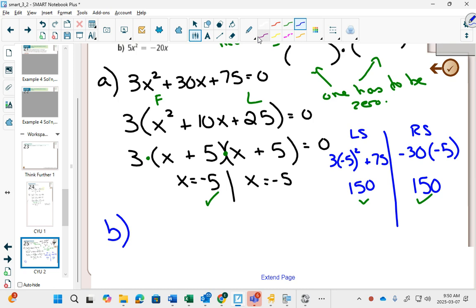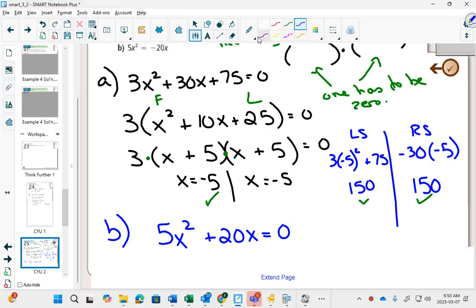So let's look at B. Again, I've got a quadratic, a 5x squared. So if I want to use the zero product property, one side needs to be equal to 0. So I'm going to add 20x to both sides so I get something equal to 0. This one isn't a trinomial. There's only two terms.